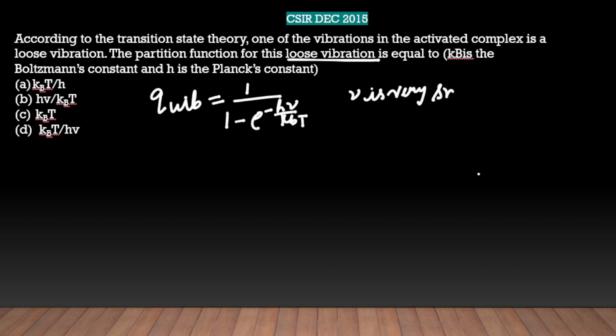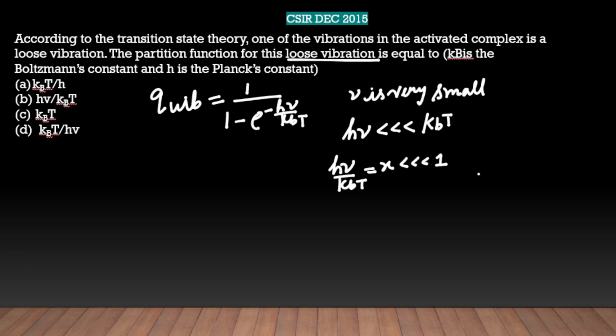This implies h nu is very small as compared to kBT. Suppose h nu by kBT is equal to x. Now h nu is very small compared to kBT, which means x is less than 1, right? Writing Q vibrational in terms of x, it becomes 1 upon 1 minus e raised to the power of minus x.